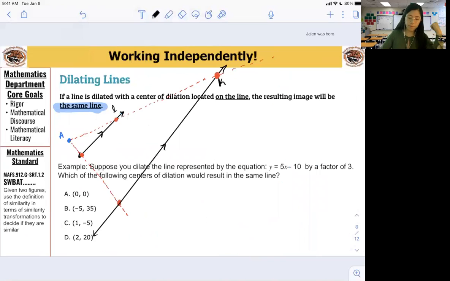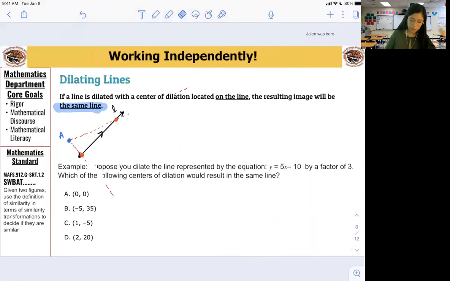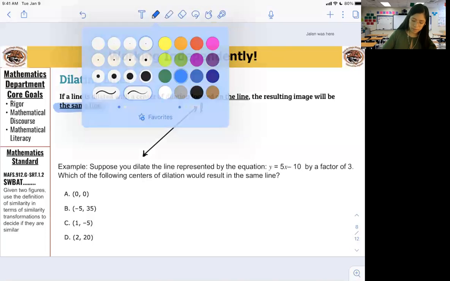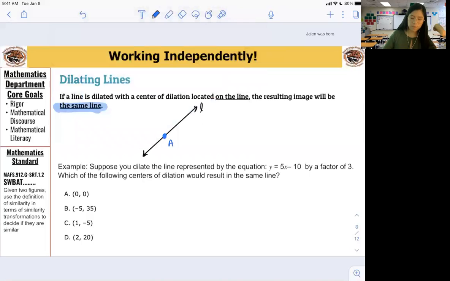But what happens if, so let me erase. What happens if the point of dilation, the center of dilation, is on the line? So here's my line, line L. Here's my center of dilation. If the center of dilation is located on the line itself, and if I pick 2 points and I connect them to the center of dilation, it's going to be the same line, just getting bigger and bigger.